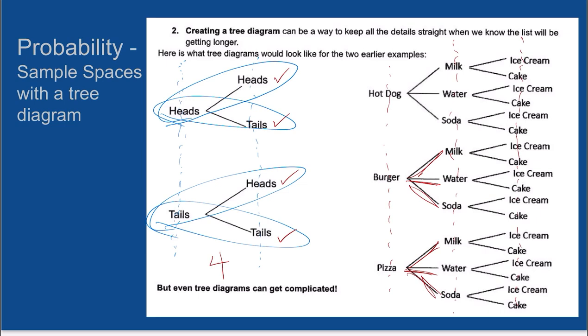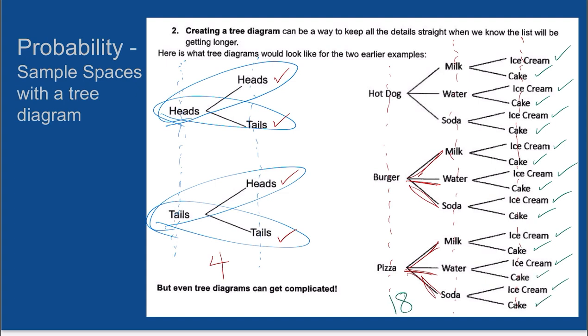And to find out how many possible combinations, we go to the far right column and we count down. 1, 2, 3, 4, 5, 6, 7, 8, 9, 10, 11, 12, 13, 14, 15, 16, 17, 18.